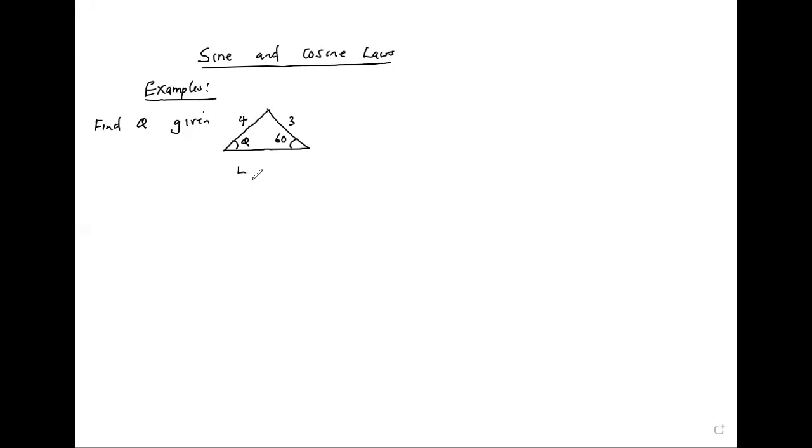4 over sine 60 is equal to 3 over sine theta. To cross multiply, you get 4 sine theta is equal to 3 sine 60. Then sine 60 is what? 3 over 2.